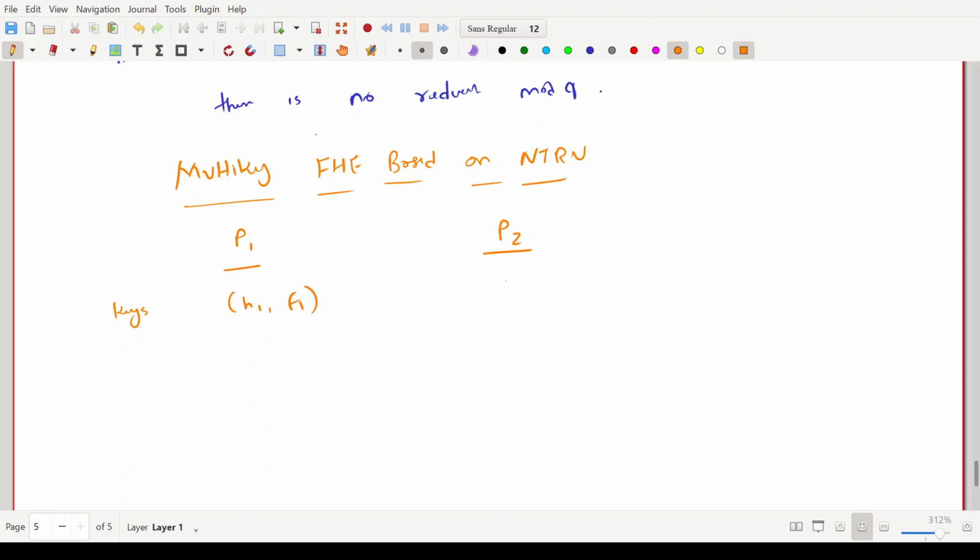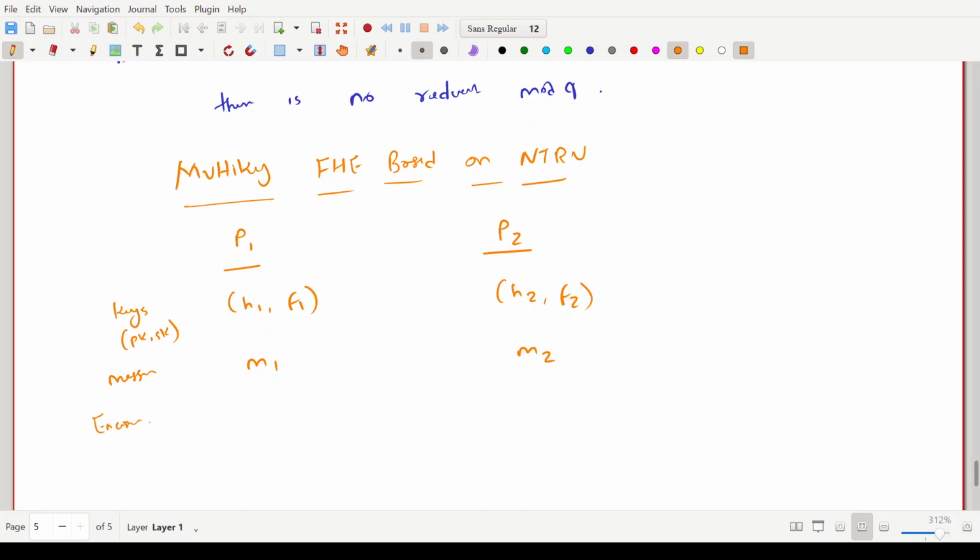And the second party has public key h2 and secret key f2. Here the message is m1, here it is m2. How do they encrypt?